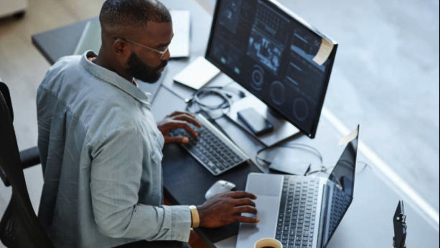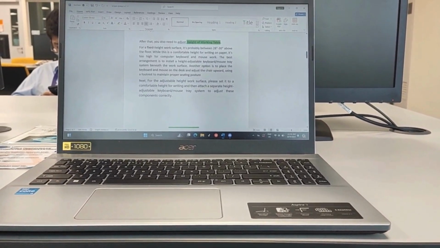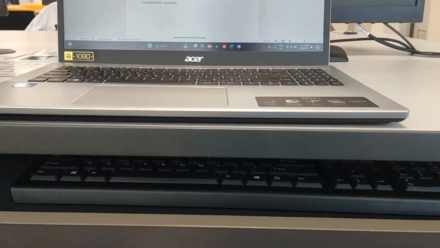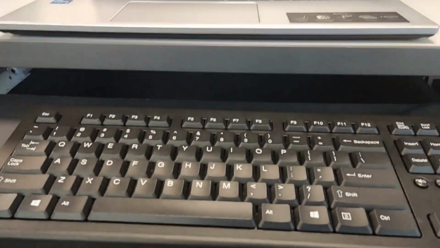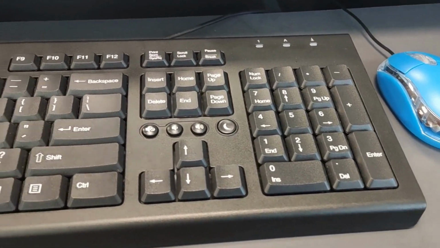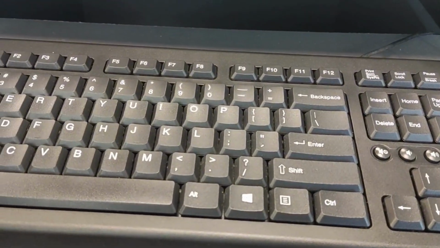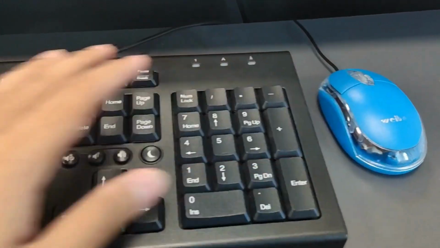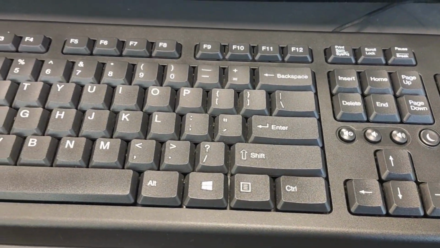The best arrangement is to install a height adjustable keyboard or mouse tray system beneath the work surface. Another option is to place the keyboard and mouse on the desk and adjust the chair upward, using a footrest to maintain proper sitting posture.